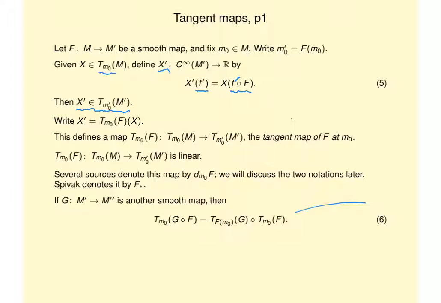So I'll write for this T M0 of F applied to X. And this gives a map from the tangent space to the domain, to the tangent space to the target at the corresponding point. And this, of course, is the tangent map of F at that particular point. And it's very straightforward, again, to see that it's a linear map of vector spaces.